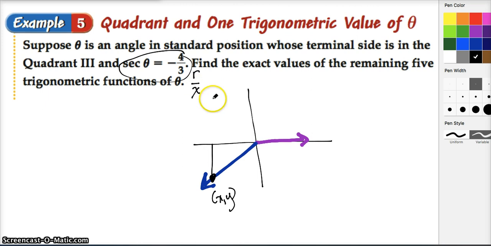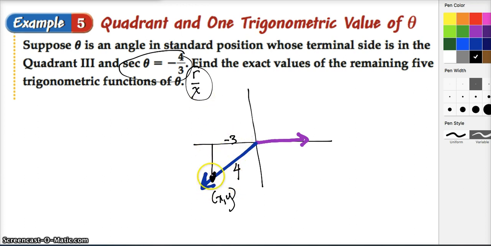I promise I'm going to get this, guys. Okay, so secant is r over x, keeping that in mind from that chart we had before. So if secant is r over x, then 4 has to be r, and it has to be positive because it's right there. And x has to be this negative 3. And so that's how we get r over x, or 4 over negative 3.